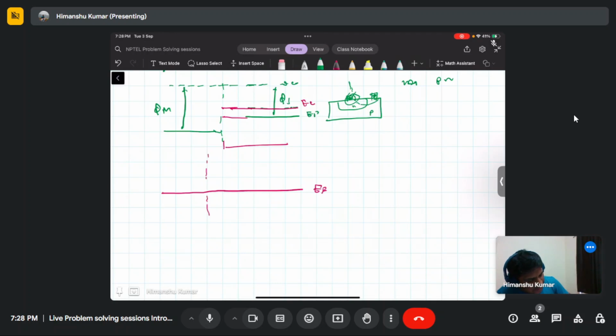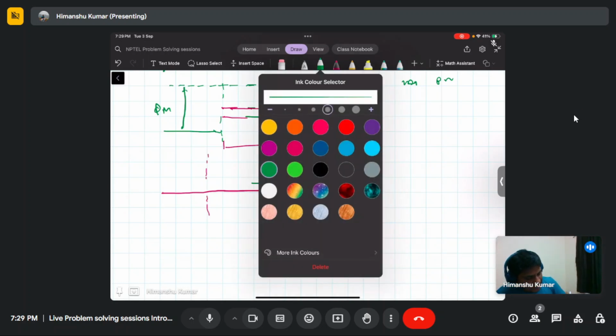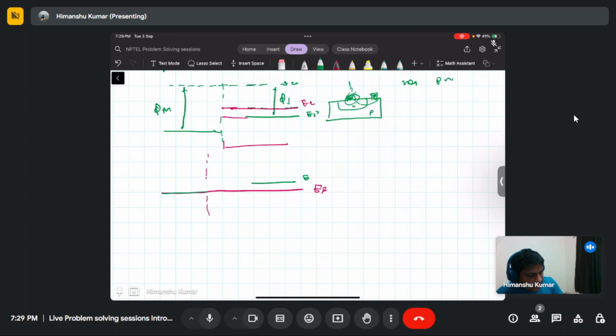And if you draw EC here in the bulk, the condition of neutral region will prevail, and in the metal the Fermi level will remain the same. And here this Schottky barrier will remain the same. This is phi b, and here some band bending will be there.